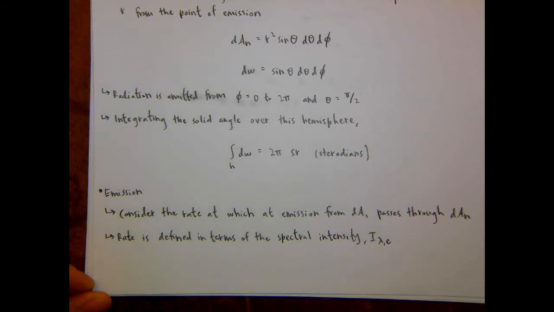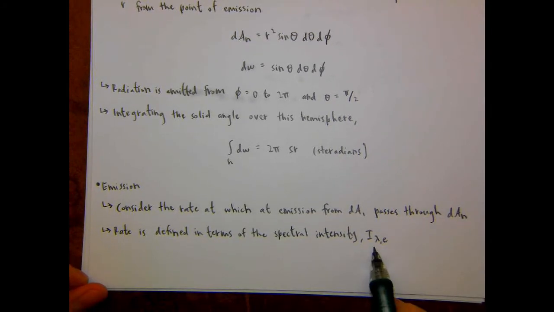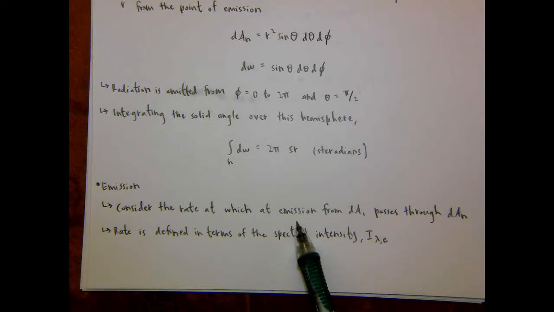So the spectral intensity, I sub lambda comma E, and this subscript E is for emission. So there's a different spectral intensity for emission and irradiation. So we're talking about emission specifically right now. So the rate at which radiation is emitted from dA1 and passes through dAn is defined in terms of the spectral intensity. And this is a bit of a long definition.